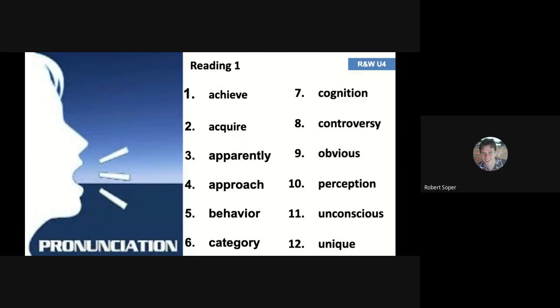Number 8, controversy. Controversy. Number 9, obvious. Obvious. Number 10, perception. Perception. Number 11, unconscious. Unconscious. And number 12, unique. Unique.